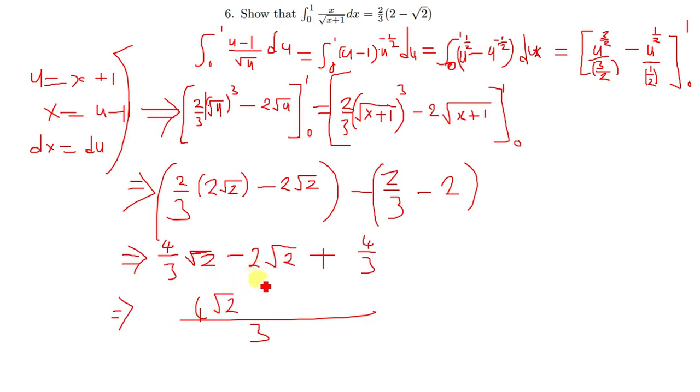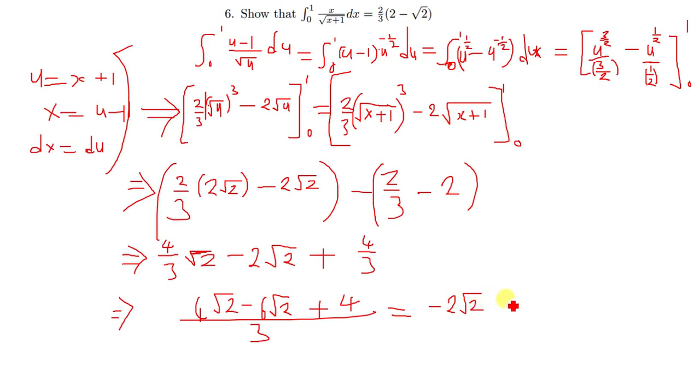Then this will be 3 times 2, you get 6 root 2. Then there you get 4. So this can also be simplified to, when you subtract 4 minus 6, you get negative 2 root 2.